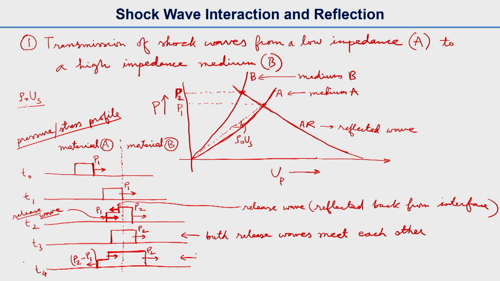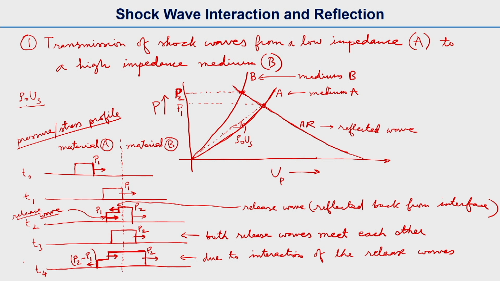It results from the interaction of the two release waves. As you know, one is the release wave of the primary wave, and the other one is the release wave of the wave reflected back from the interface. It is important to mention here that there is a continuity of pressure at the interface, as we can see at time t equal to T2.